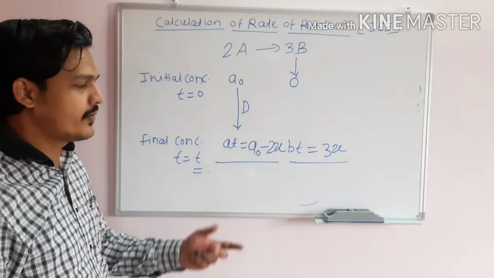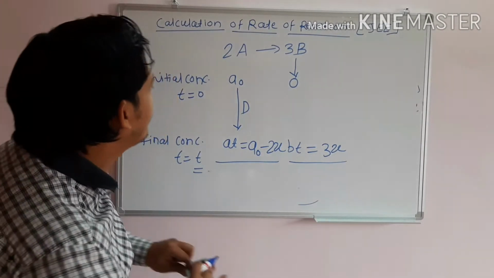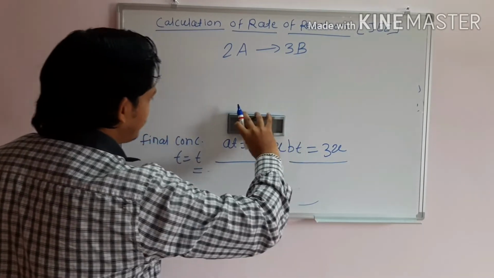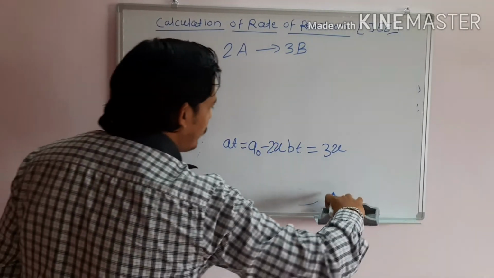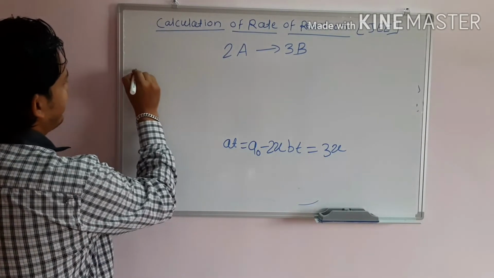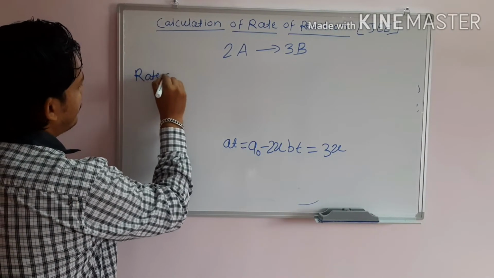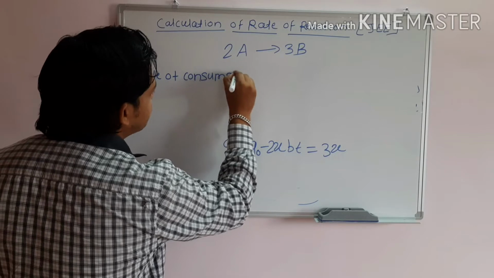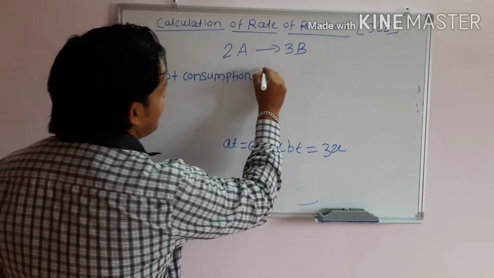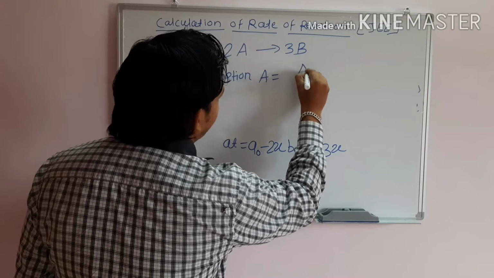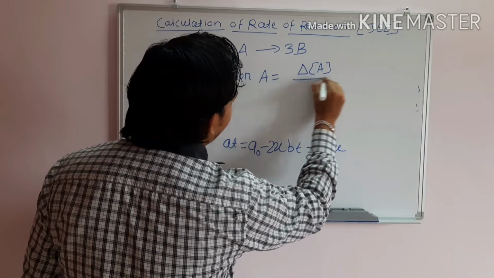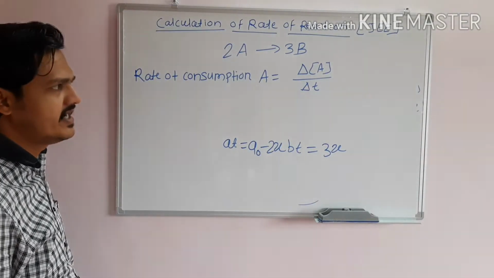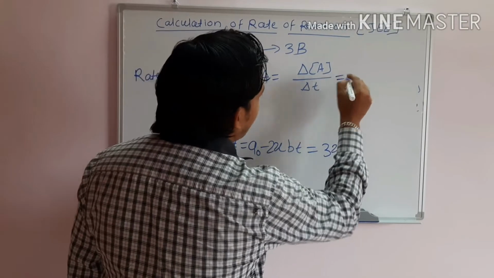Now we have to write again how to express the rate of consumption of reactant and the rate of formation of product. Now, rate of consumption of reactant A is equal to delta A divided by delta T. What is the value of delta A?